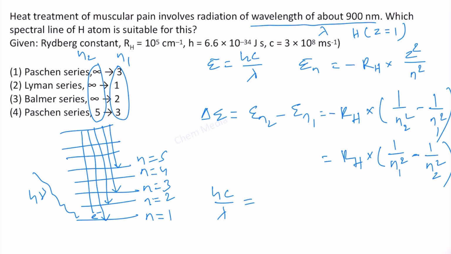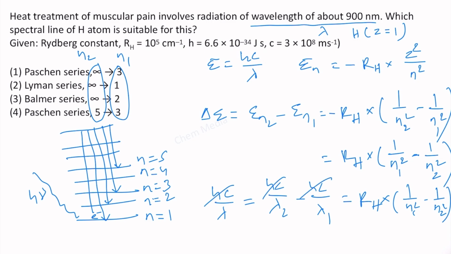So, hc by lambda is equal to hc by lambda 2 minus hc by lambda 1, and that is equal to Rydberg constant times 1 by n1 square minus 1 by n2 square. So, hc is common, and therefore, let us take that out.